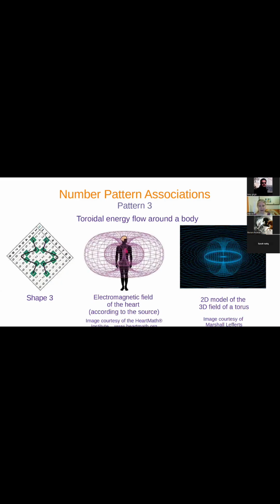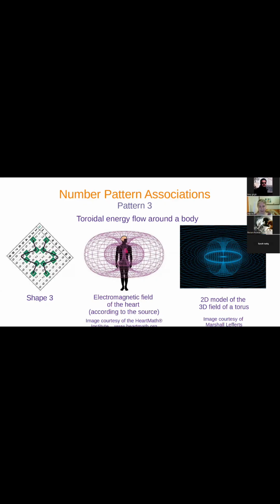The number pattern association, so pattern 3, is a toroidal energy flow around a body. It's the electromagnetic field of the heart according to the source. This is an image that I received through courtesy of the Heart Math Institute.